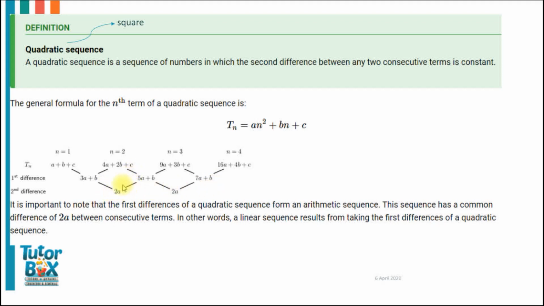That's why, from this arithmetic sequence, we're now able to get the second difference. So this sequence has a common difference of 2a between consecutive terms. In other words, a linear sequence results from taking the first differences of a quadratic sequence.